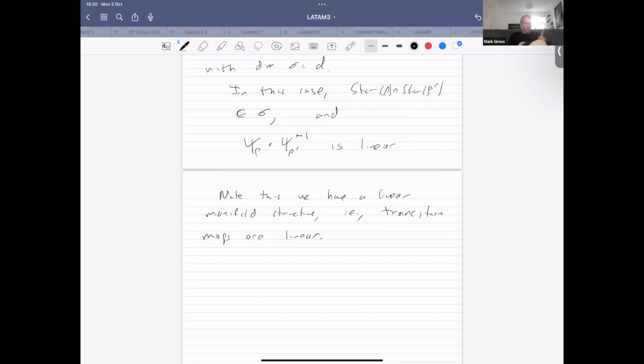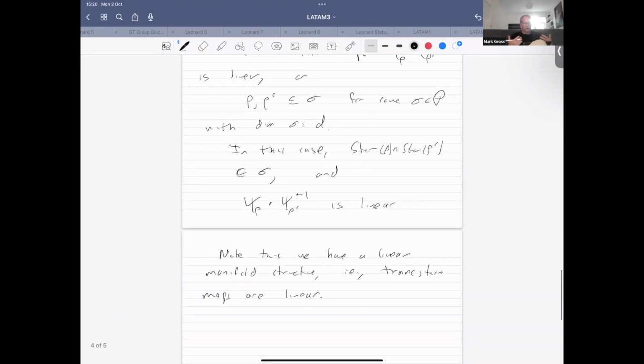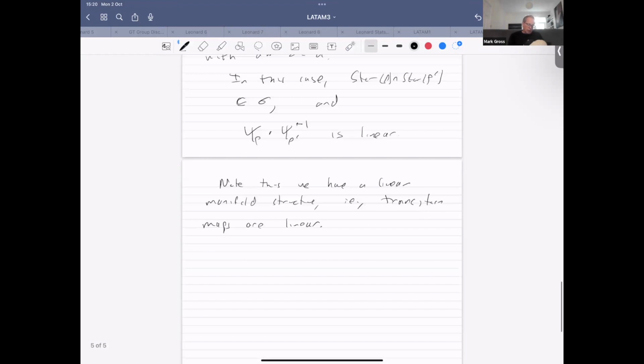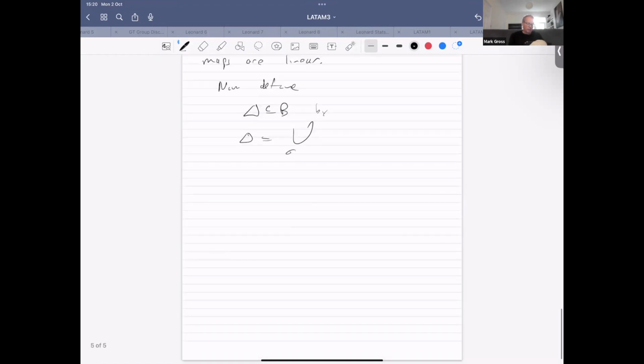Okay, so far I've defined charts on these star of rhos. That still means I'm missing quite a lot, because I'm missing kind of meshing two cones. So now define delta contained in B by delta equal to the union of sigma in P with dimension sigma equal to d minus 2, so the codimension two cones.